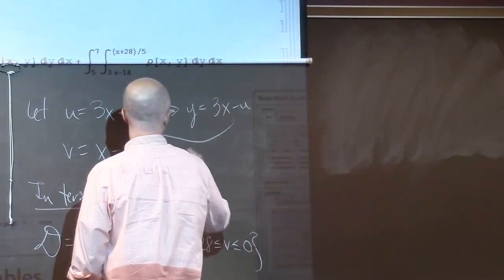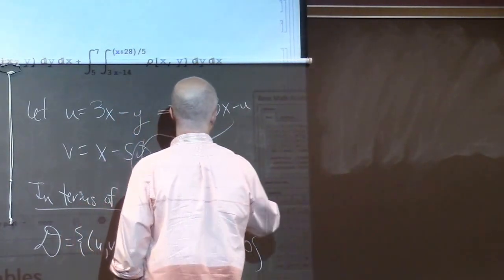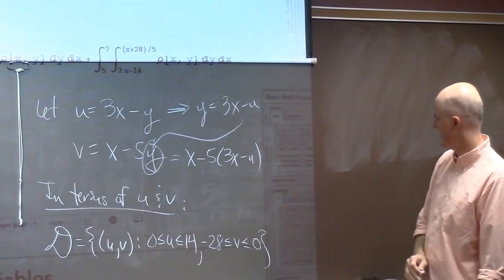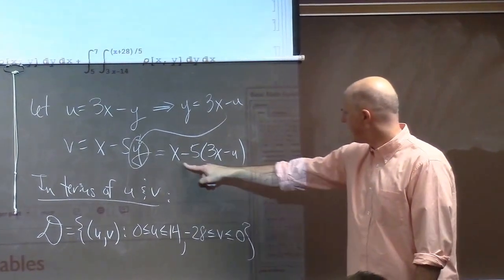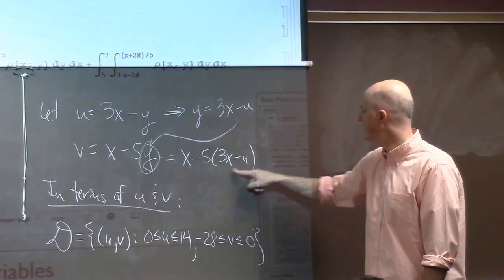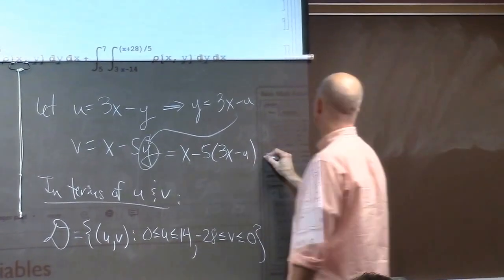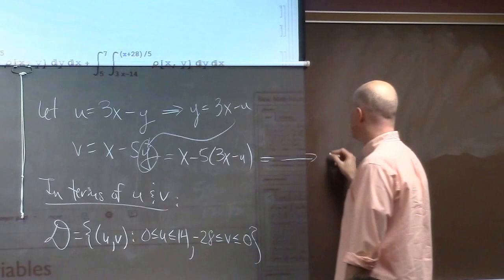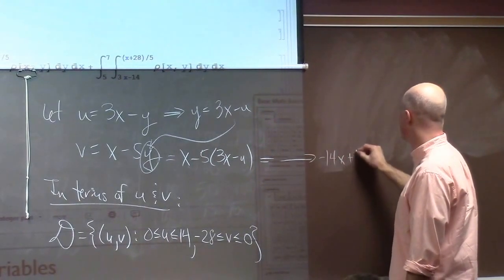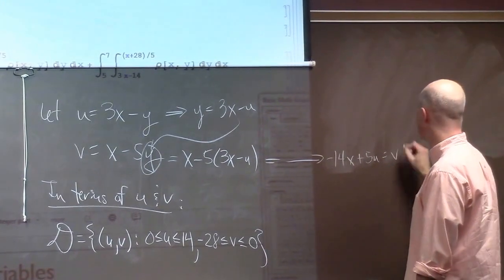So go ahead and do that. Substitute. Catch me if I make any mistakes here. x minus 15x, that'll be negative 14x. And then we have a plus 5u. Minus 14x plus 5u equals v.